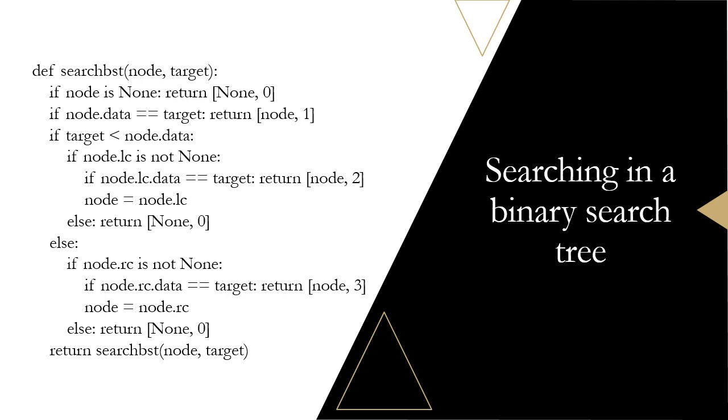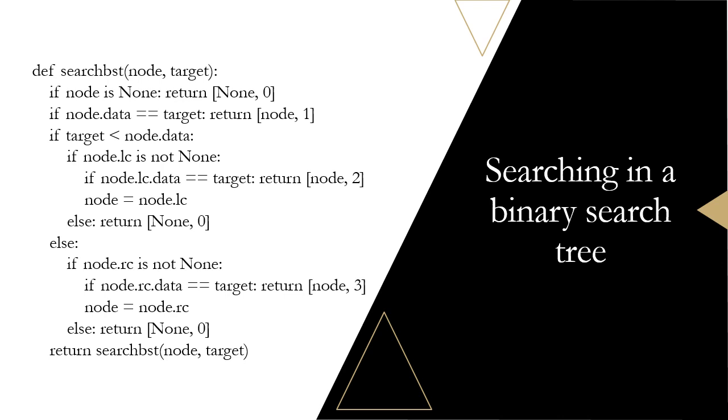Now come to the else part of the third if of the code. This executes when target is greater than node.data. So first we check if there is a right child, and then we check if target matches data of the right child.